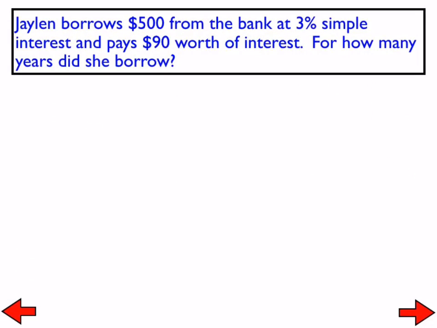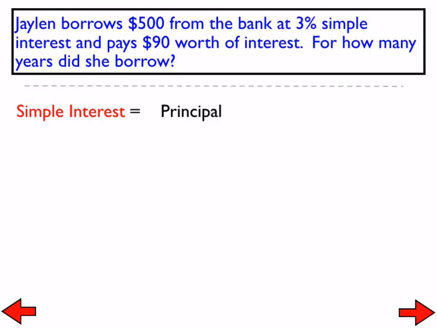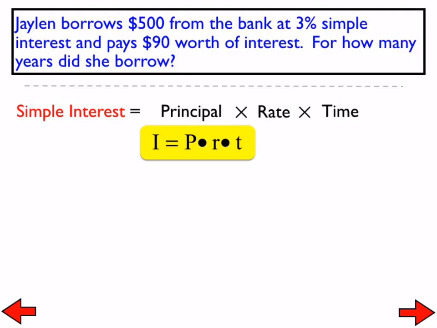Well, there is a formula that puts everything together with regards to simple interest, and this is where you should be filling things in: simple interest is equal to the principal times the rate times the time. And it's put together in a nice little formula with the first letter of each word. I equals P times R times T. Interest equals principal times rate times time.